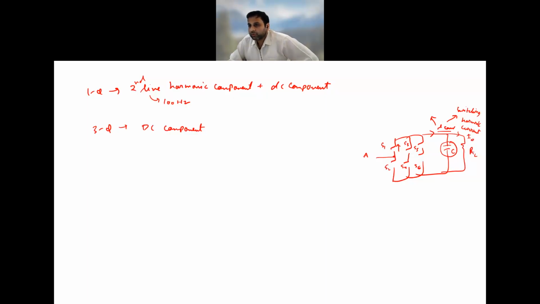So the capacitor C will have the switching harmonic component, and that is what we did while deriving the RMS component of current. So we have the switching harmonic component of the current present after the DC component.